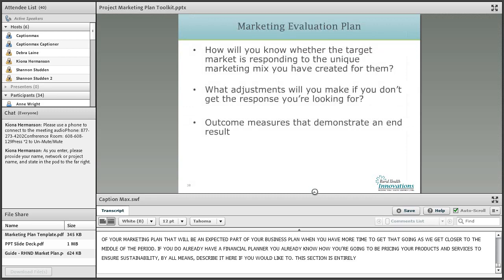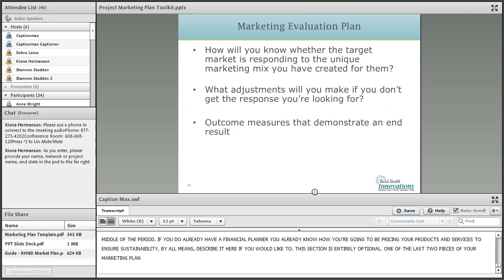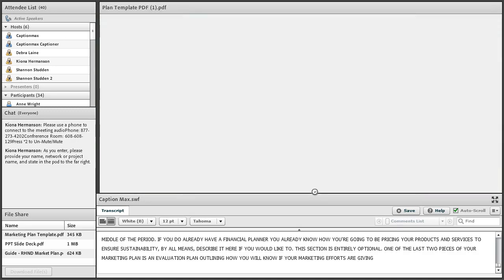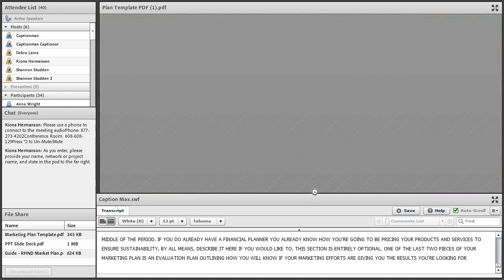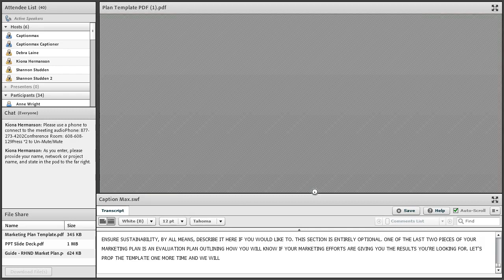A financial outlook is not required as part of your marketing plan, but it will be an expected part of your business plan. We've got more time to get that going. That's due closer to the end of the grant period in the middle of next year. If you do already have a financial plan, or you already know how you're going to be pricing your products and services to ensure sustainability, by all means describe it here if you'd like to, but this section is entirely optional.